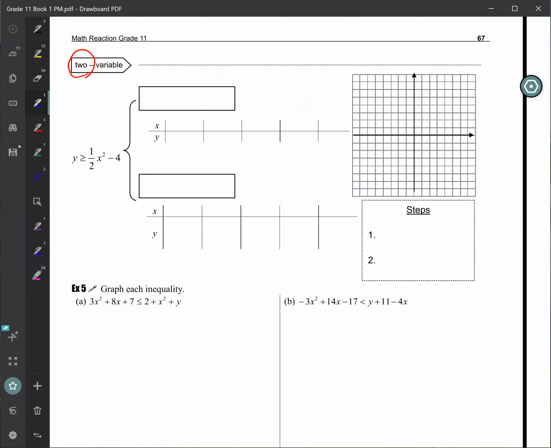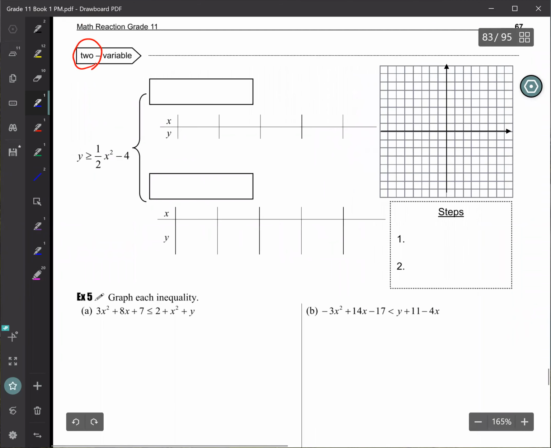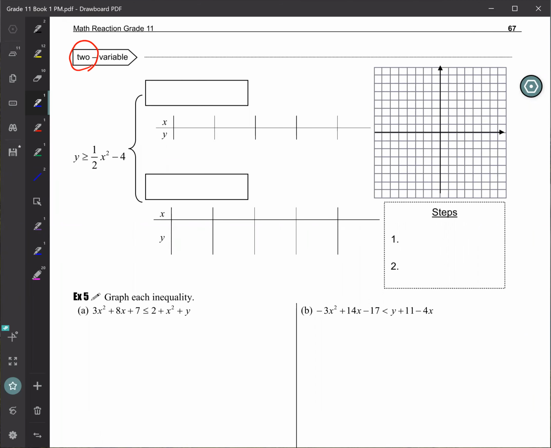Oh, you have one where y equals, and then the other one y is bigger than. I'm talking about the steps. Change to equal sign. Change to equal. Is that all? There's more to it.